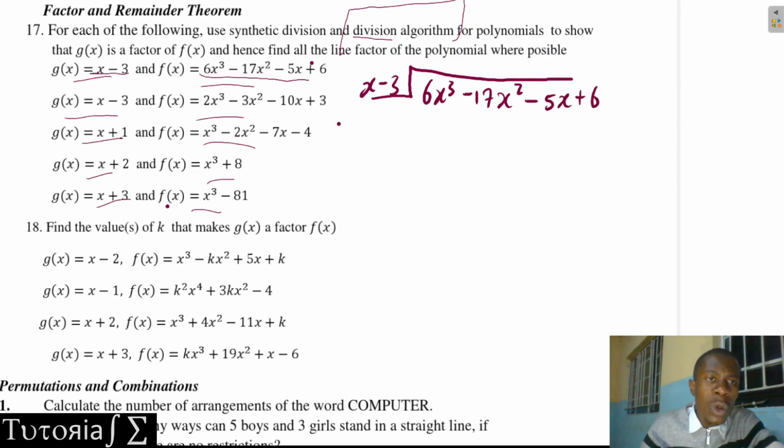Now, how do we use long division? The first step is our concentration will be this variable x. We take this x into the first term. That is the algorithm.